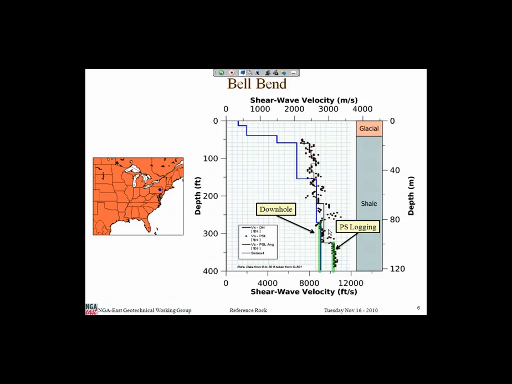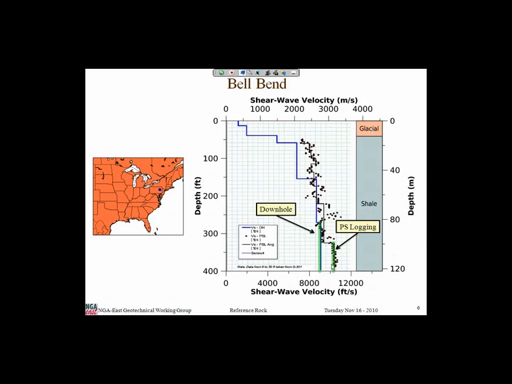So, for example, here at Bell Bend, you see the geologic column, the glacial material overlaying a shale. And we looked at areas where it appears that the velocity has become constant. In this case, our pick from a downhole is this number, and from a PS logging is this one.